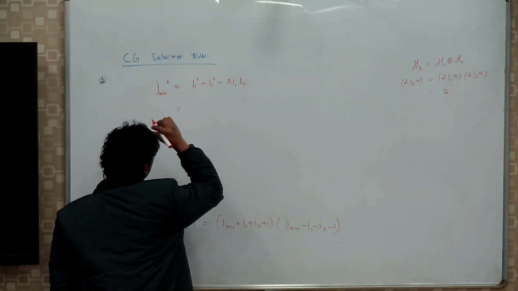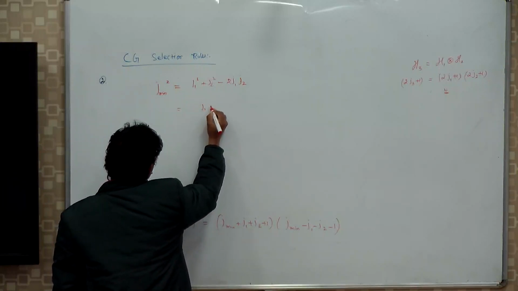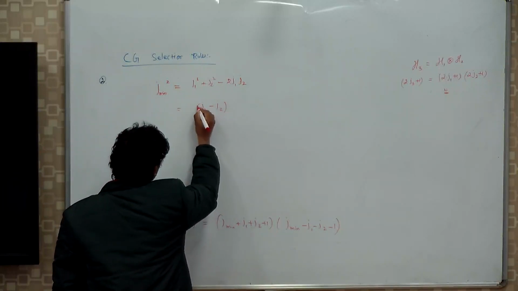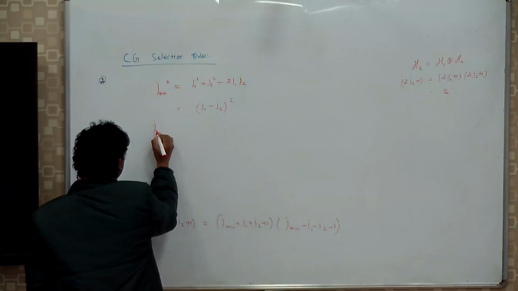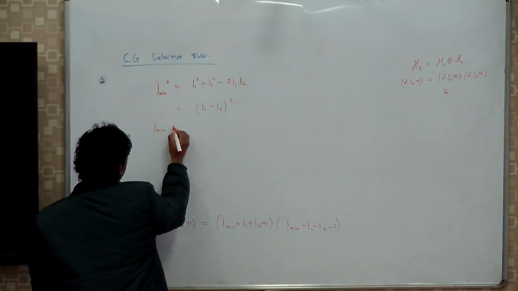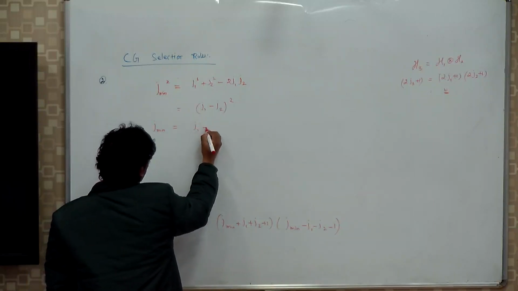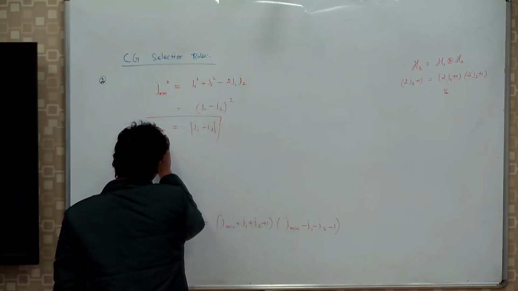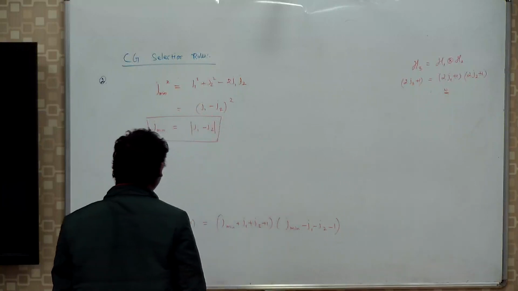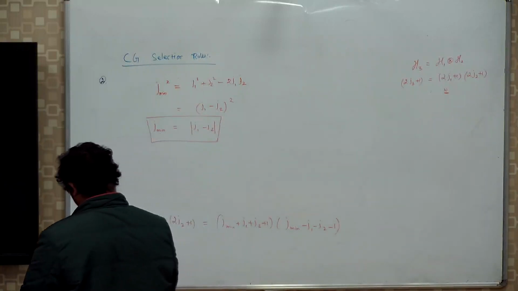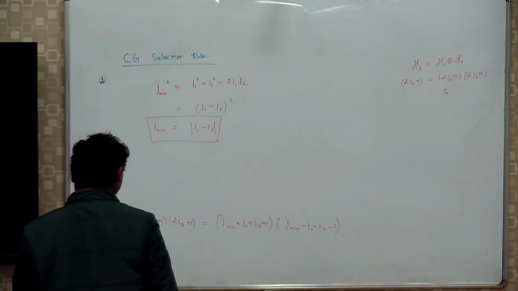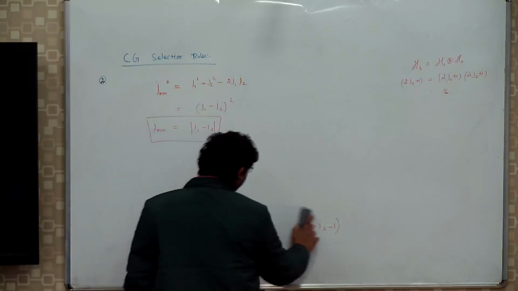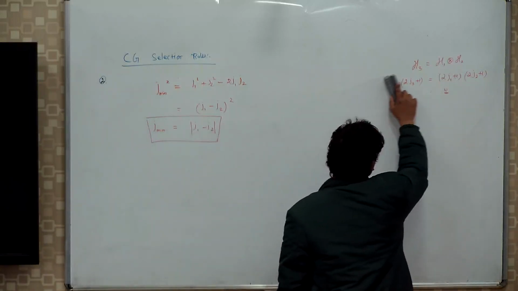This value is nothing but (j1 minus j2) whole squared, so the j minimum value is nothing but the determinant of j1 minus j2. This is the value for j minimum, up to the difference of j1, j2 it can go.